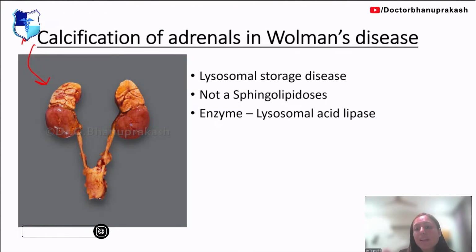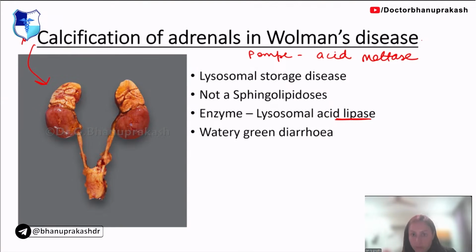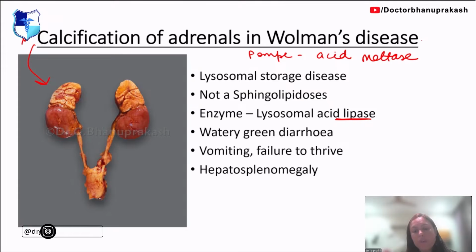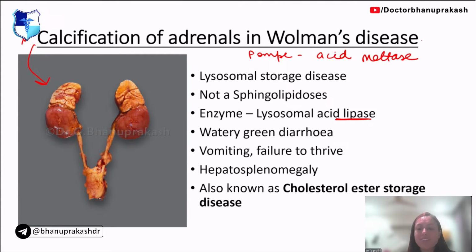The enzyme is acid lipase. In Pompe's disease, the enzyme is acid maltase. In Wolman, the enzyme is acid lipase. Wolman's disease: watery green diarrhea, vomiting, failure to thrive, hepatosplenomegaly. It is also known as cholesterol ester storage disease. Cholesterol ester and triglycerides accumulate here.